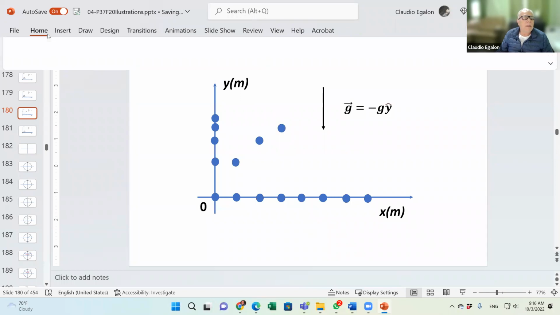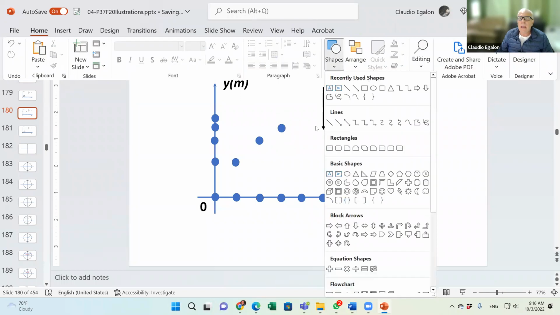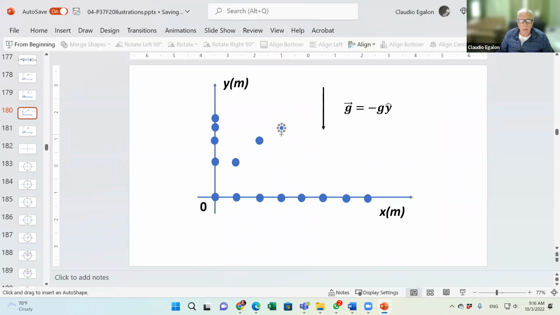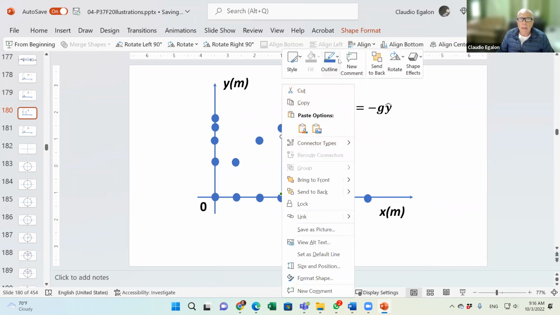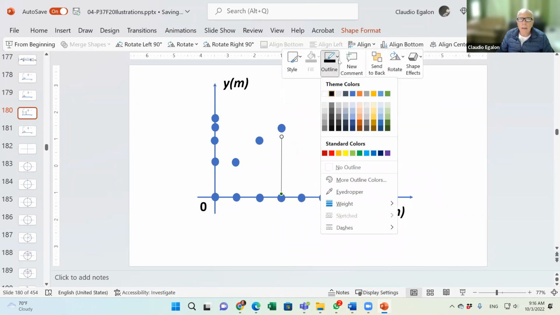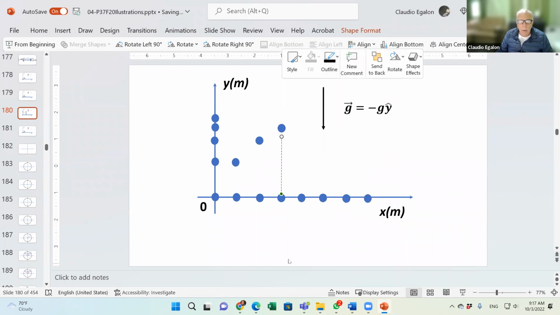And I can even show the coordinates, the lines, that document the position of the particle. You go right in here.